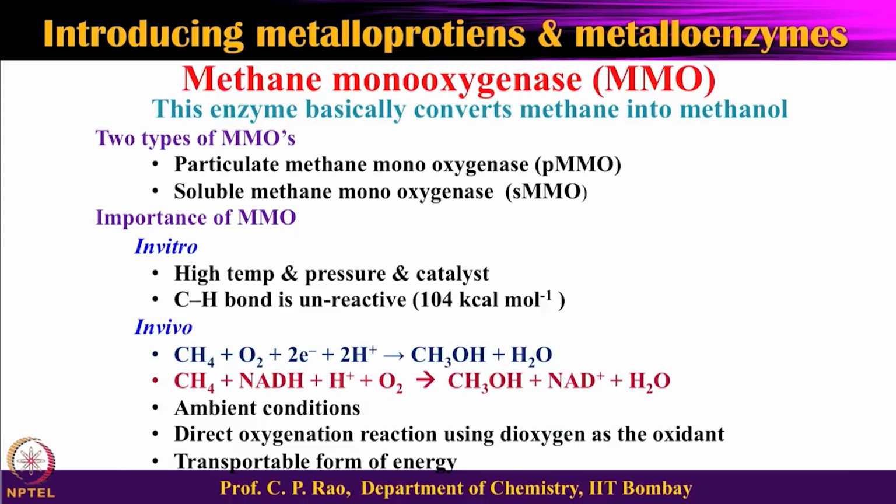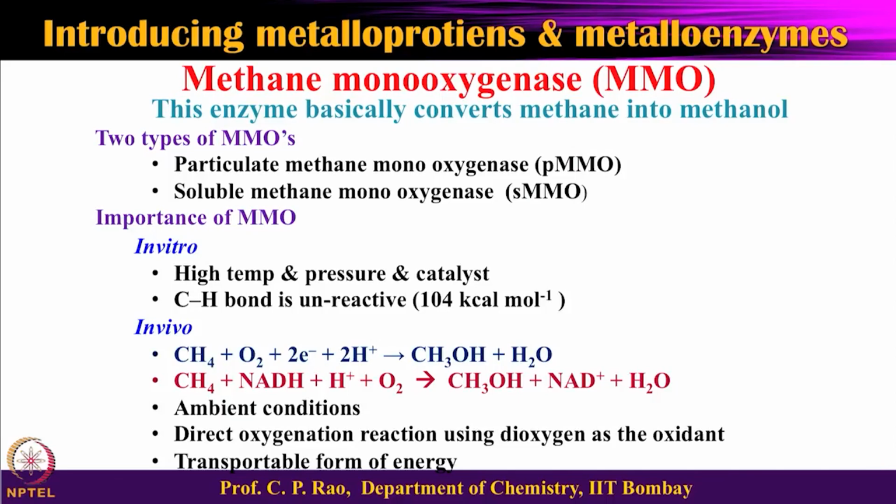And it will also use O2 as the oxidant. Once you convert the methane into methanol, it is a very safe form and this can be transported. When you want to transport this energy material from one place to the other, it is dangerous to use it in the form of methane, but it is safe to use in the form of methanol.